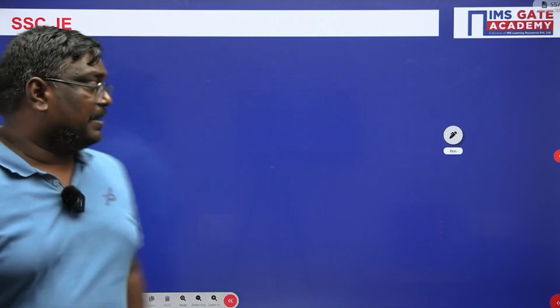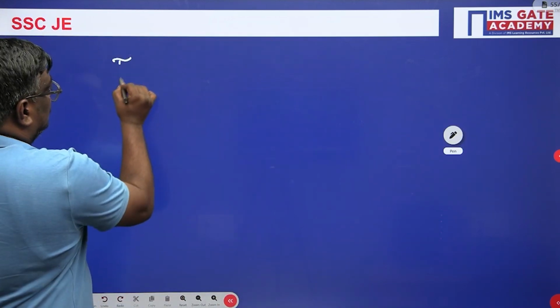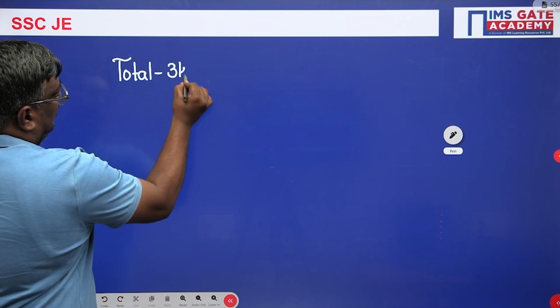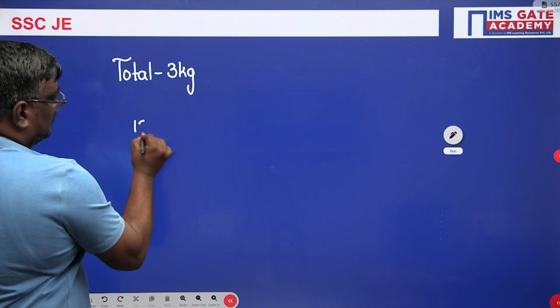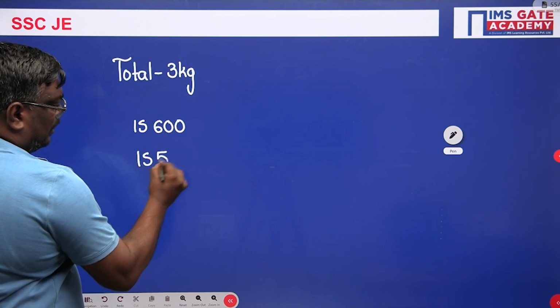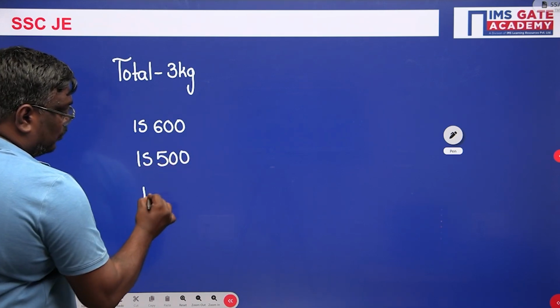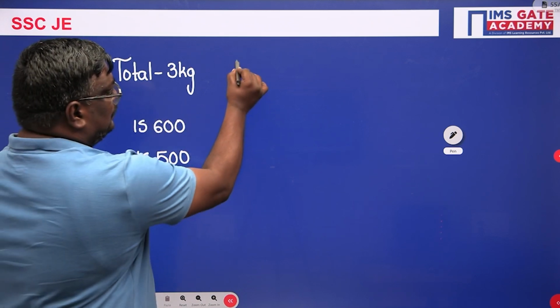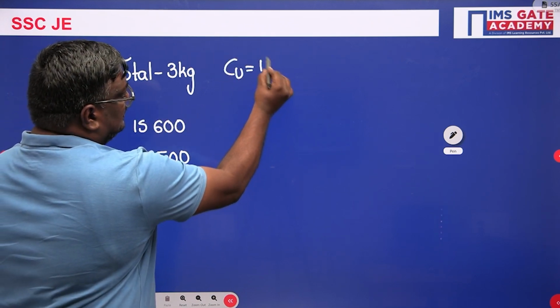Let me tell you, the total is 3 kgs of soil. Here we have standard sieves, IS 600, IS 500 and IS 425. Are you following, my dear students? They are asking the value of Cu. Cu can be written as D60 by D10.